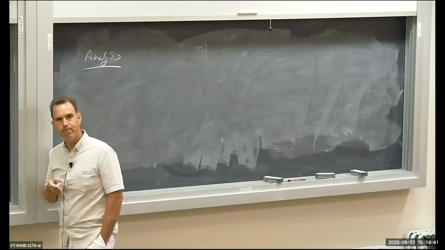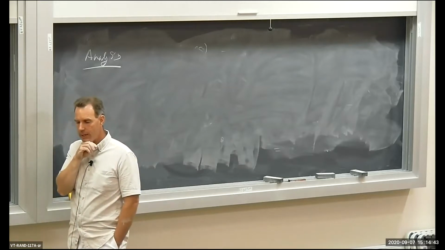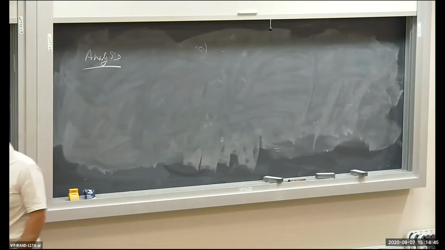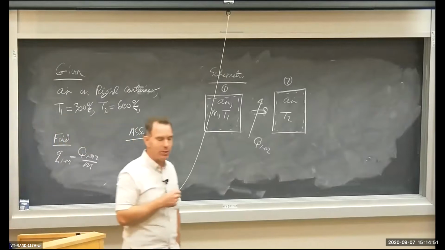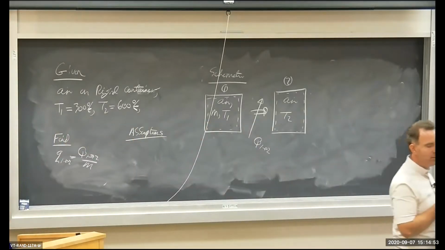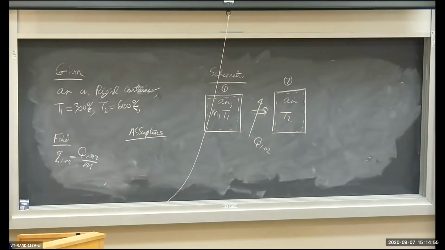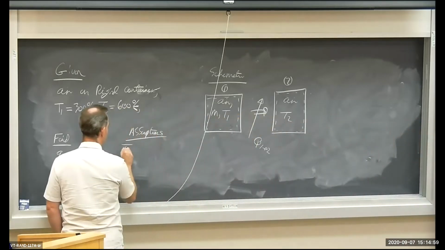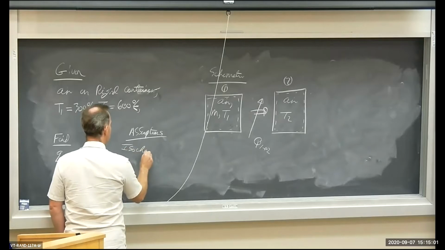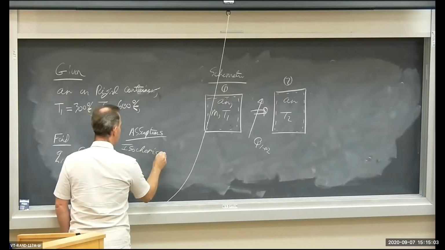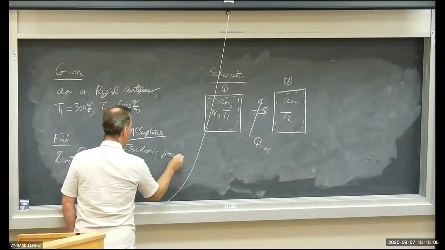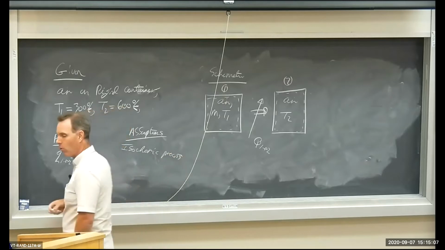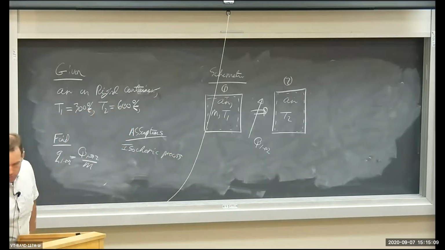Which one, Cp or Cv? What process is this? We're adding heat from state 1 to state 2. What kind of process is this? Rigid container? That means presumably constant volume. Isochoric process, volume is constant.